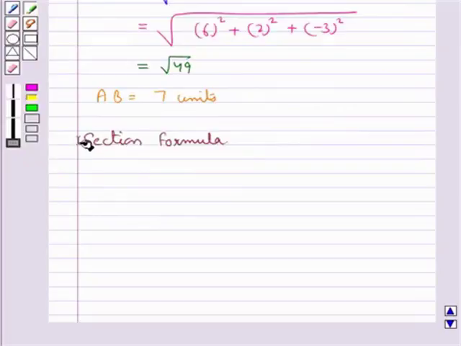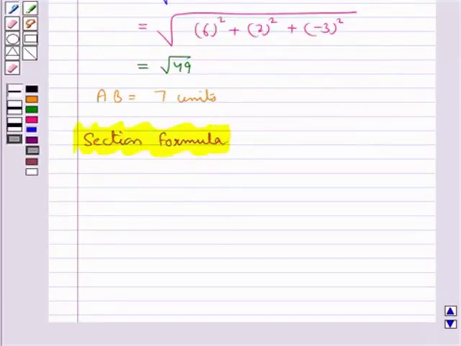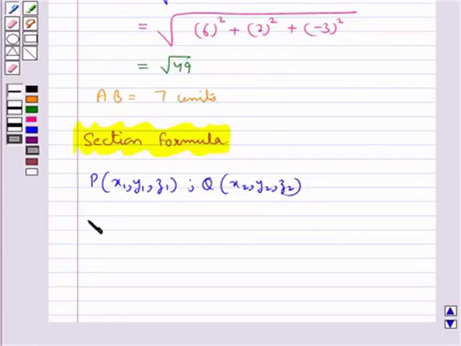Next we shall discuss section formula. Consider a point P with coordinates x1, y1, z1 and a point Q with coordinates x2, y2, z2. Suppose that the point R divides the line segment joining the 2 points P and Q, that is R divides PQ internally in the ratio m:n.